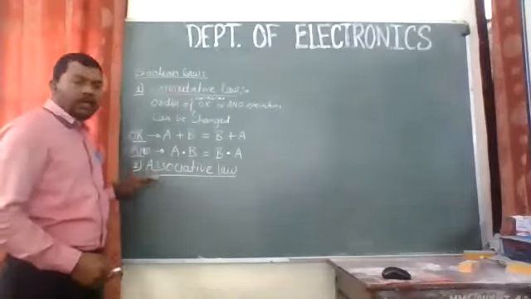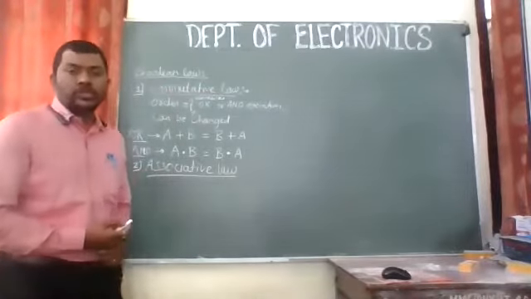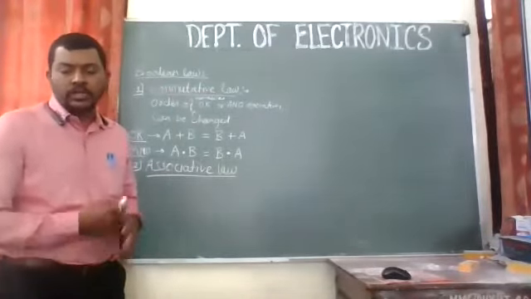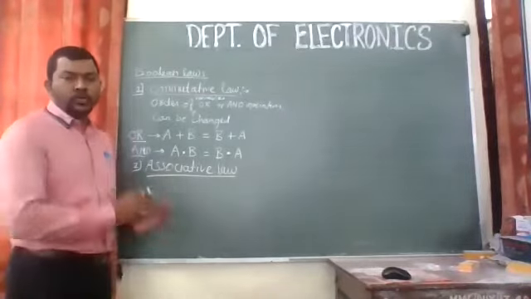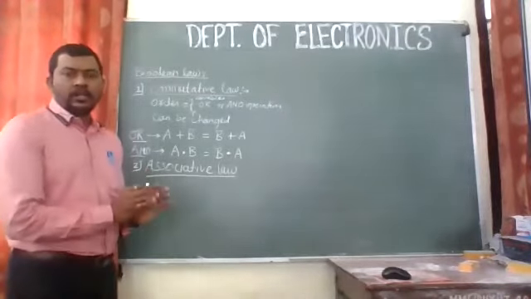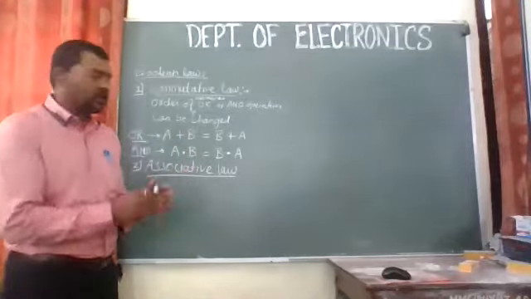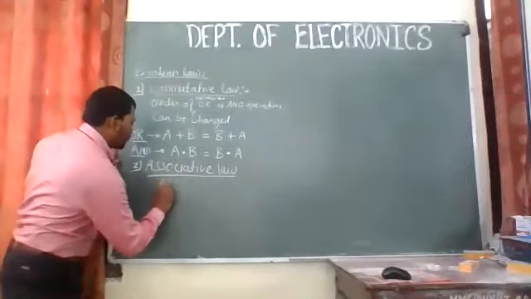Commutative law, and the second one is the associative law, right? In this associative law, any two terms in a sum, or any two terms in a product, can be grouped.